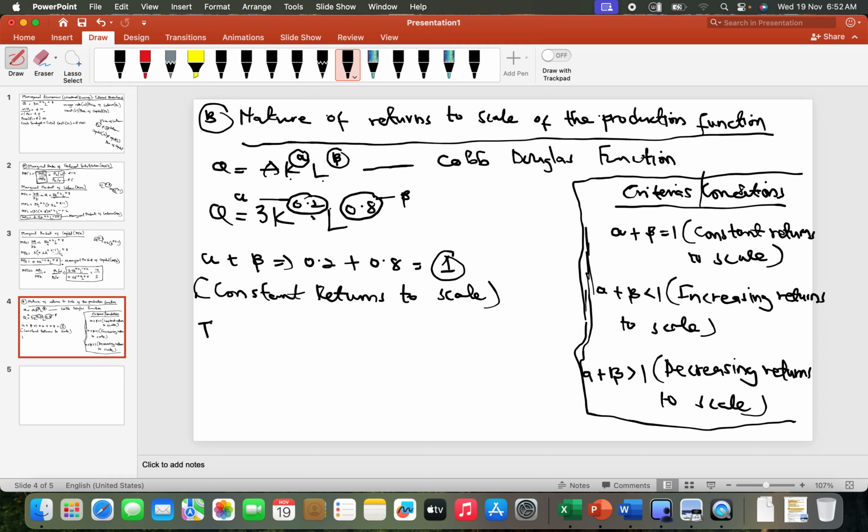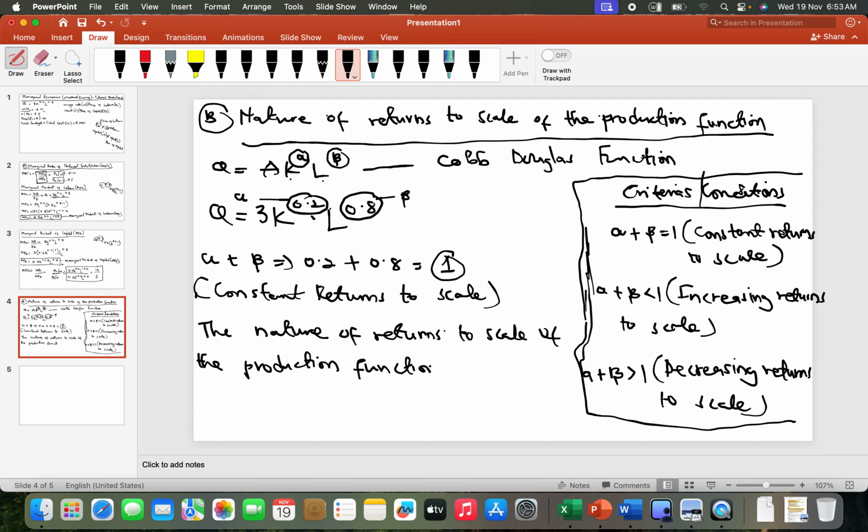So the nature of returns to scale of the production function is constant returns to scale.